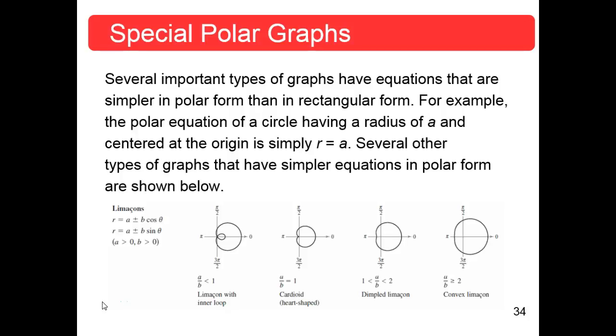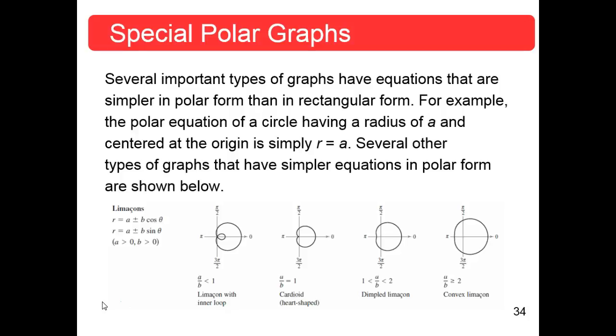This is called a limaçon. I don't know how you pronounce that symbol there. This is a limaçon with an inner loop, a cardioid, we already had that one, a dimpled limaçon. It doesn't make its way to the origin, it just goes in and out.